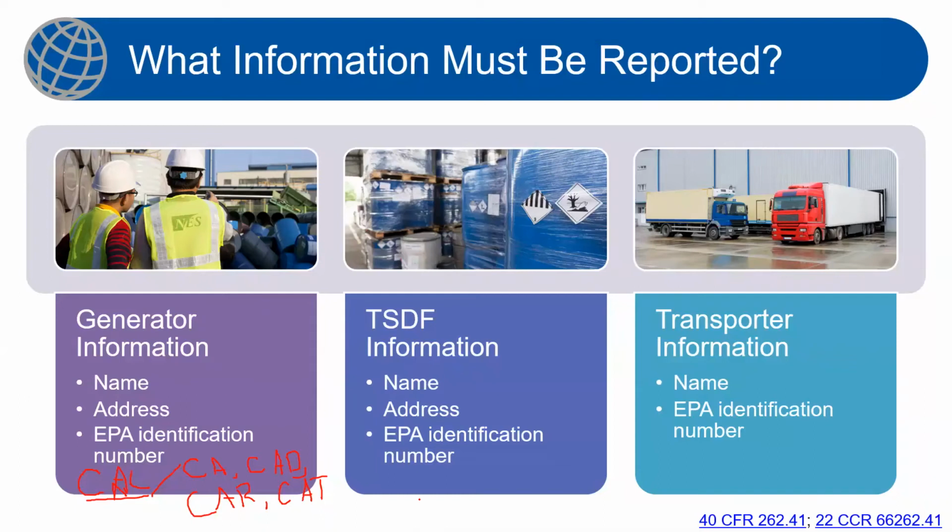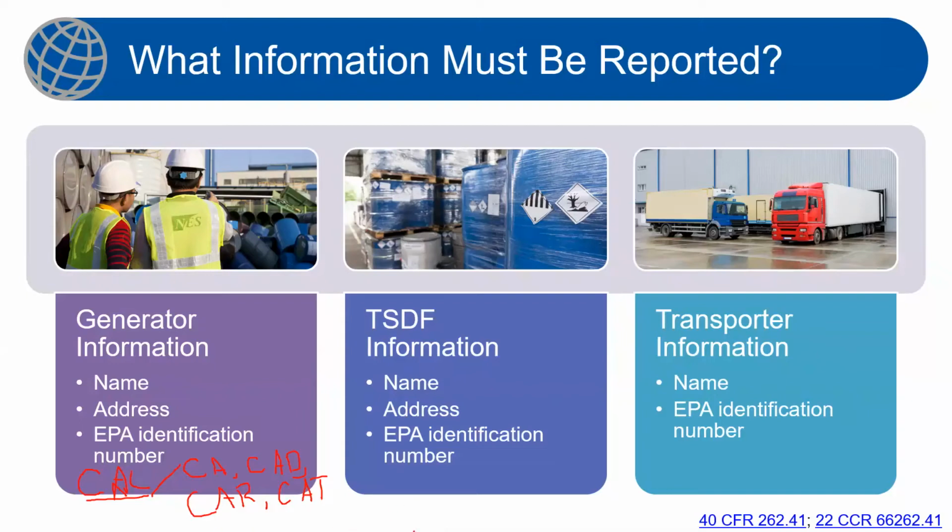Again, we have to provide the name and the EPA identification number of the transporter who transported the waste from our facility to the TSDF that was receiving that waste to treat it, store it, or dispose of it. So this general information is required. We also have to provide a certification regarding the information included as part of this biennial report.